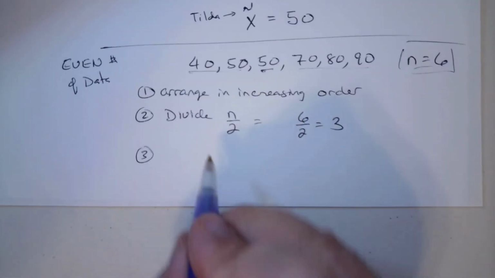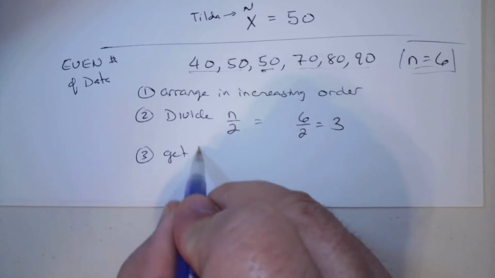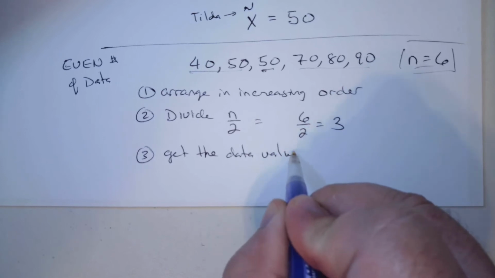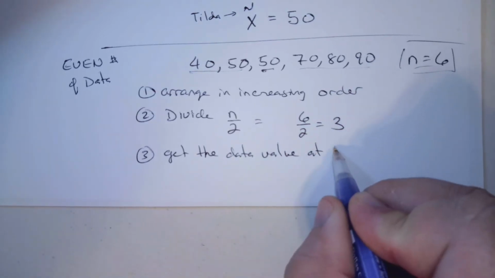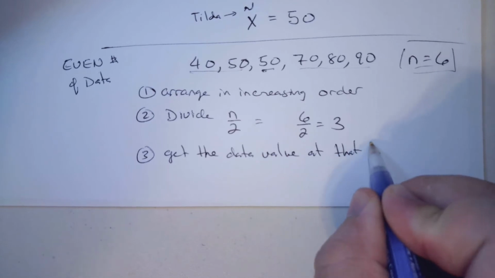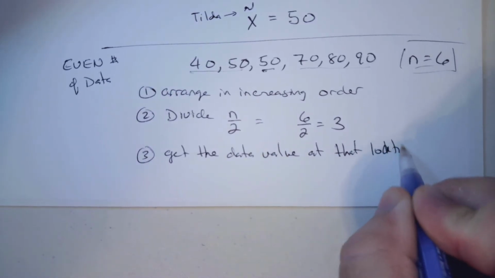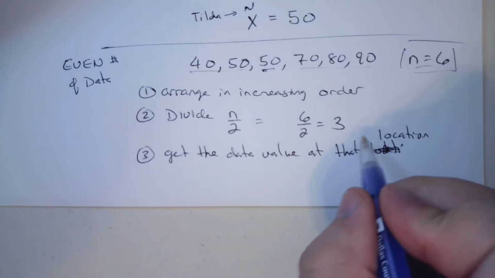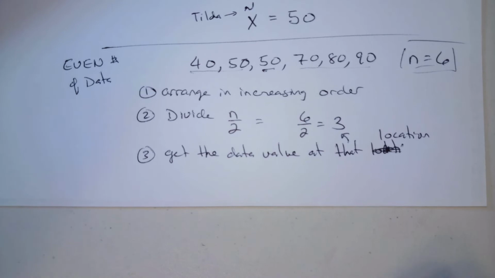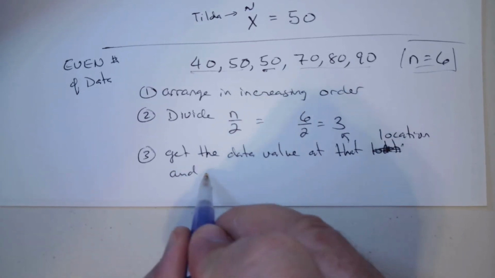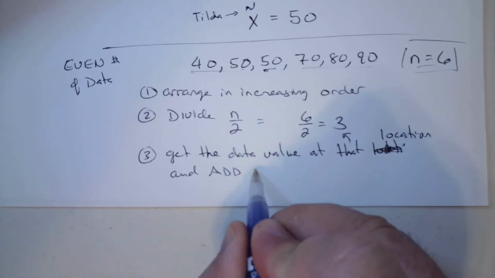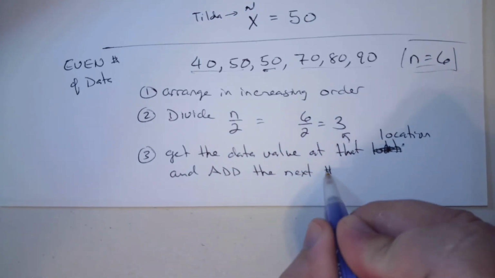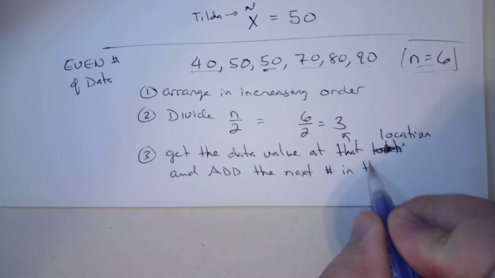So, get the data value at that location and add the next number in the list.